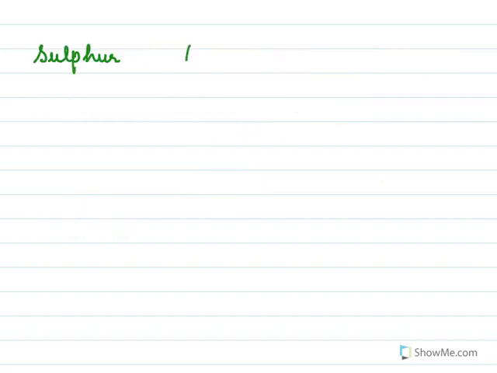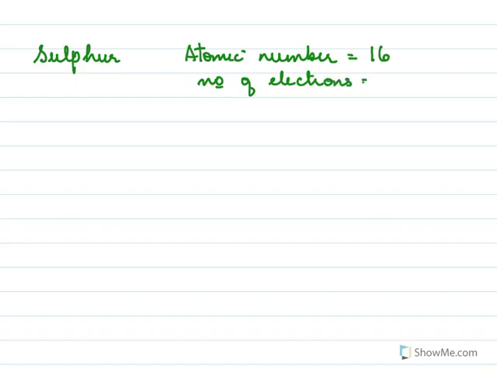Next we'll take sulfur. It's very important to know the atomic number. Atomic number of sulfur is equal to 16. So protons are 16, therefore the number of electrons is also 16. Again we have the shells K, L, M and N. Now there are 16 electrons to be distributed.